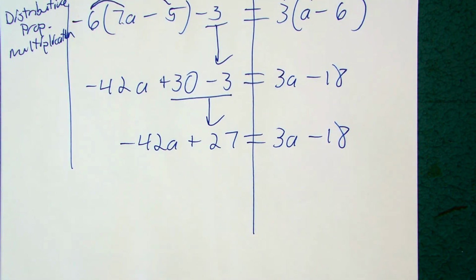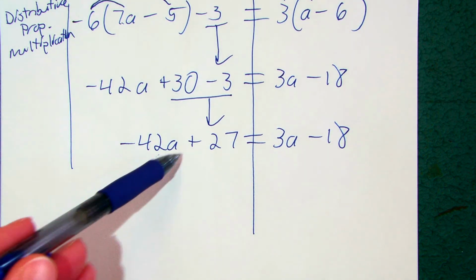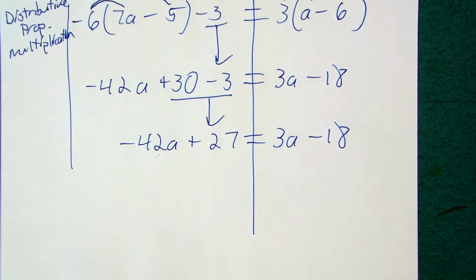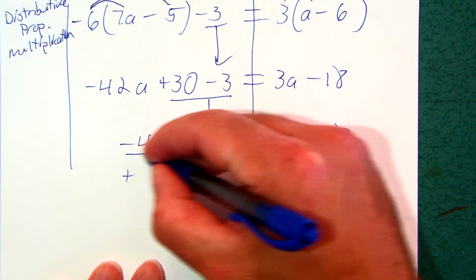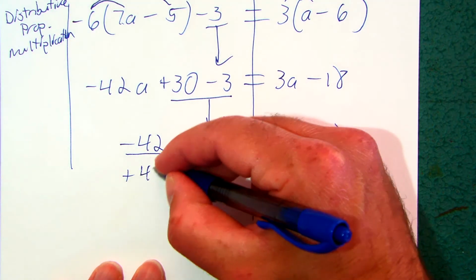All right, so we got it down to variable and a constant, variable and a constant. You could have less than that, like you could just have a constant, just have a variable, whatever. But this is what we're going to get it down to before we start moving stuff across the equal sign. Okay, so we're ready to solve here. Again, it doesn't really matter too much what you do. I'm going to add 42a to both sides.